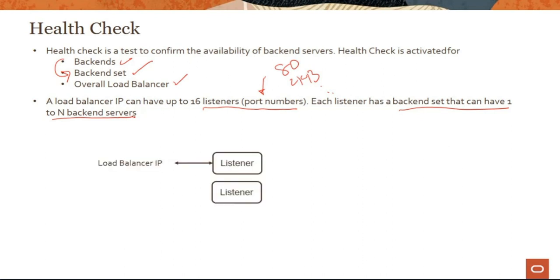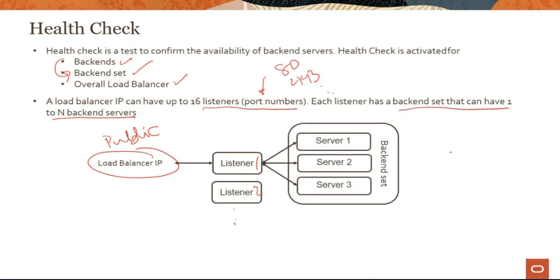So what does it look like? Well, you have load balancer IP here. Let's say this is a public load balancer we are talking about. And then right here you have listener 1, you have listener 2, and so on and so forth, right? You can have up to 16 listeners. Each of these listeners can have a backend set. So in this case, there's a backend set 1, and this backend set 1 has 3 different servers. This listener can have another backend set.